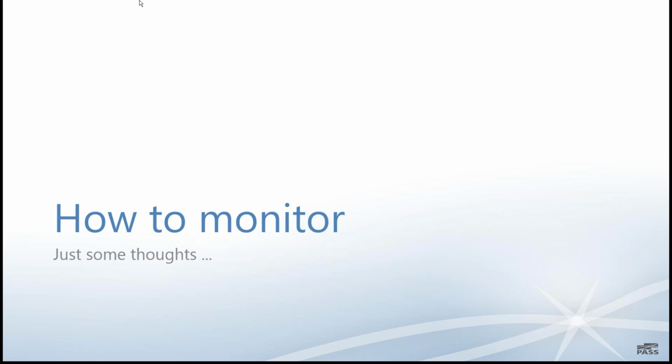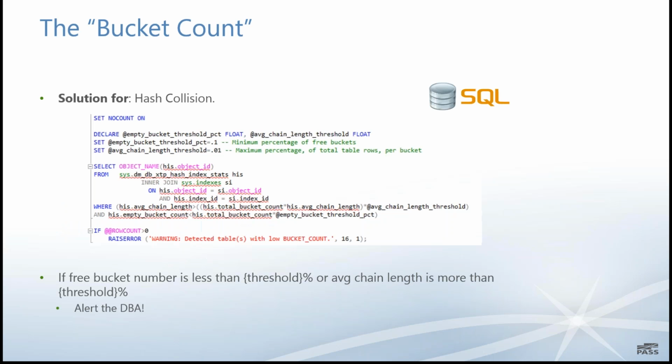Okay, just to show how to monitor, I have here some solutions. And as I said before, I will make this available for download. I will send this to the virtual chapter. I used this script here for the bucket count problem to avoid the hash collisions.